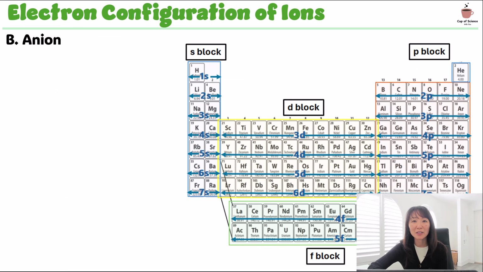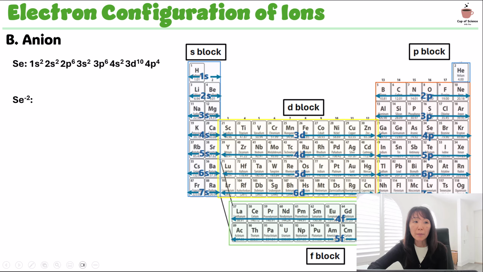Now let's get into anions. Anions are elements with negatively charged ions. Here's an example, selenium. The neutral selenium electron configuration goes all the way to 4p4.